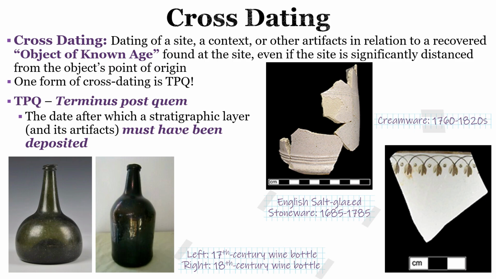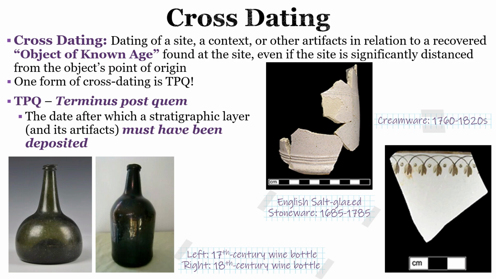But usually what happens is we have a layer, and it'll have something from 50 BCE, and something from 40 BCE, and something from 20 BCE. And we have to figure out how old the dirt is based on this wide range of stuff. Because now we've got a 30-year range of stuff inside one layer of dirt.